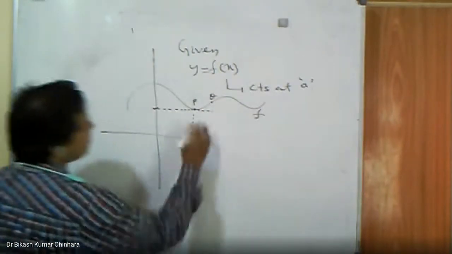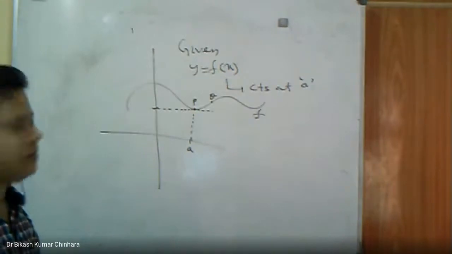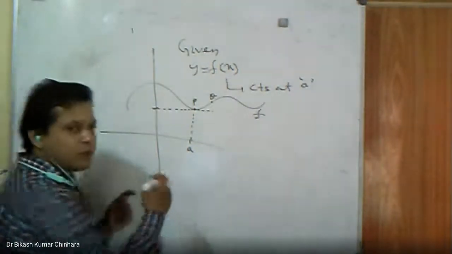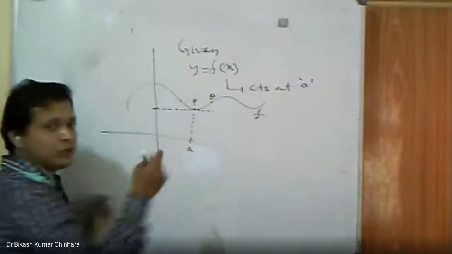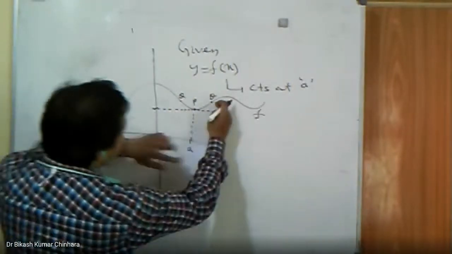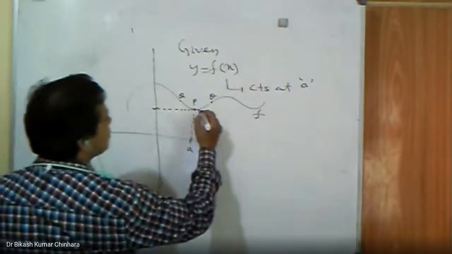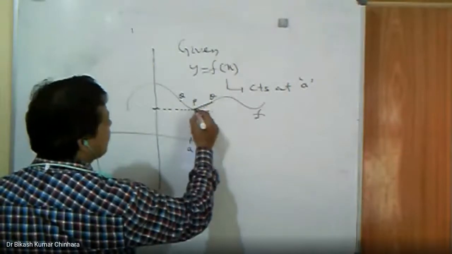Q is a point near to P. Near to P means it can be here or it can be here, and it should be on the curve. So my ultimate aim is to find the tangent at P.